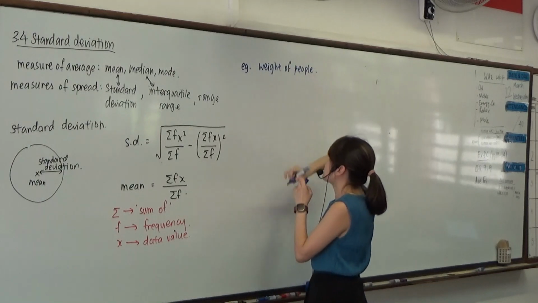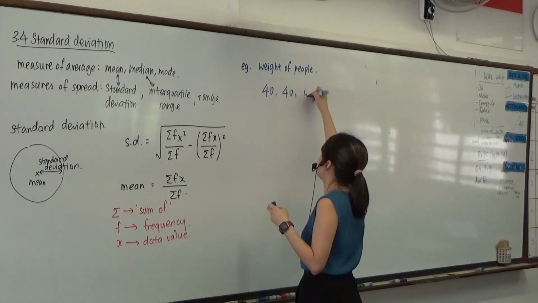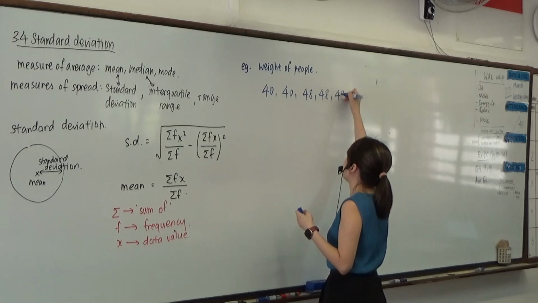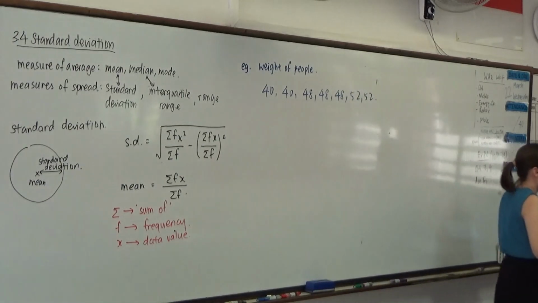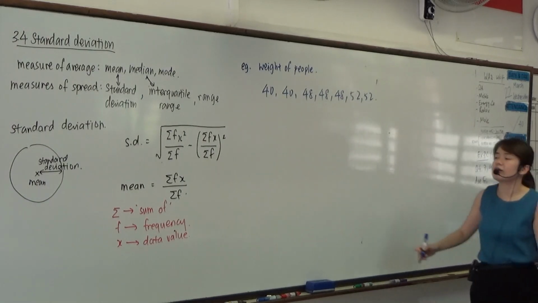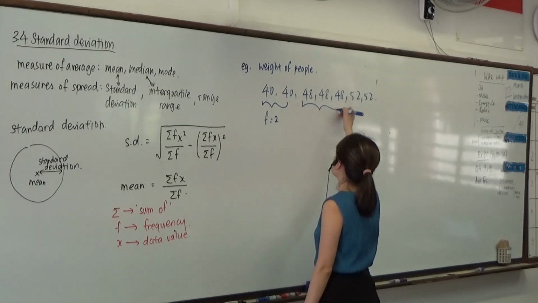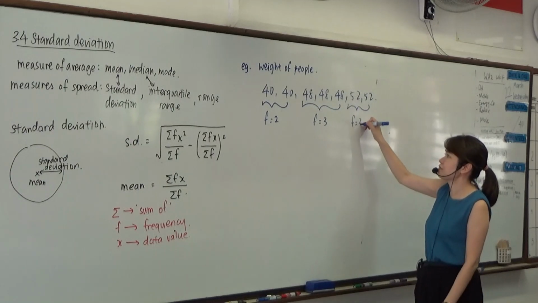So, for example, we got 40, 40, 48, 48, 48, 52, 52. Something like that. Just very light weights. So we see that 40 has a frequency of 2, 48 has a frequency of 3, and then 52 has a frequency of 2.